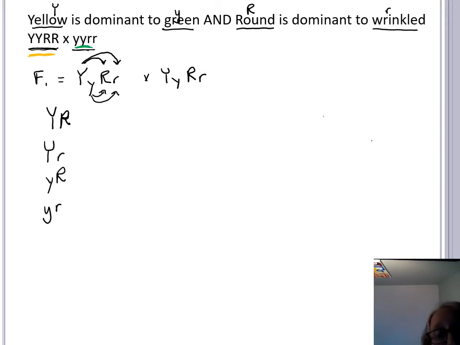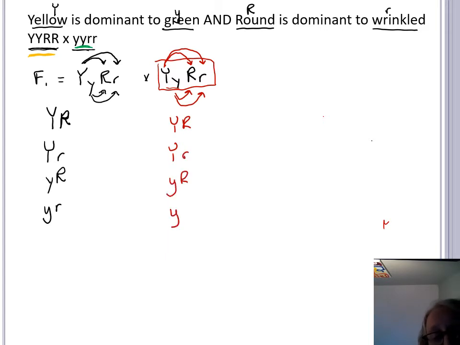If we look at the other individual right here, this individual can also make 4 unique gametes. So again, big Y can combine with big R, or big Y can combine with little r, or little y can combine with big R, little y can combine with little r. So this second individual can also make 4 unique gametes.